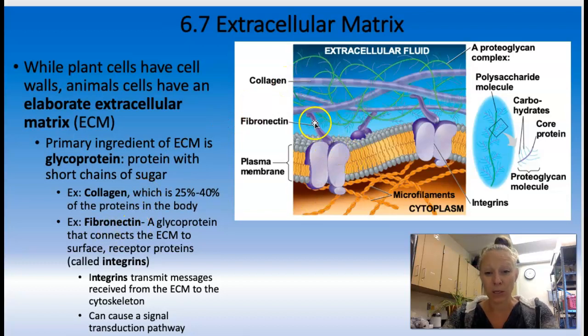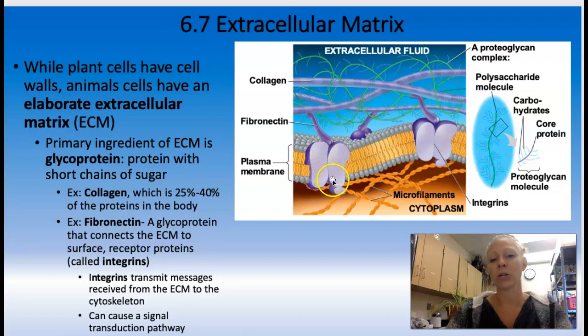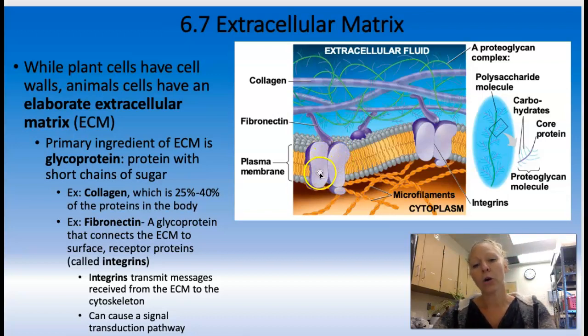If you see this little connector here, this is fibronectin. You can see that it's touching the collagen, and it's also touching this surface protein. This is a receptor protein called an integrin. It is going to transmit a message from the extracellular matrix.